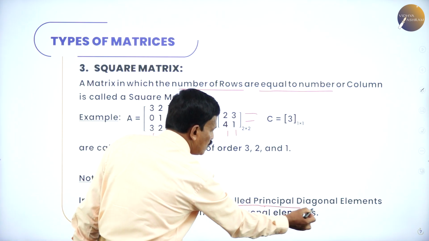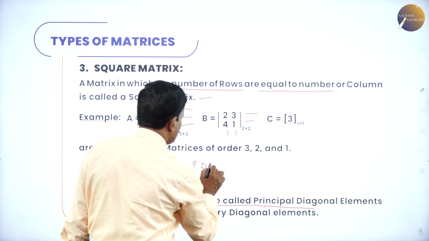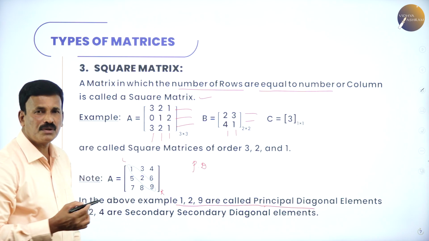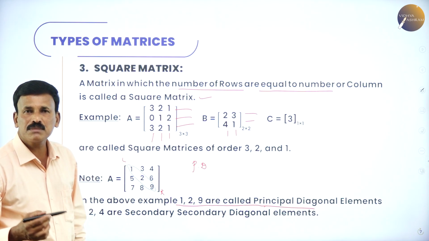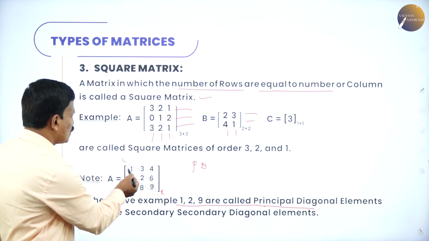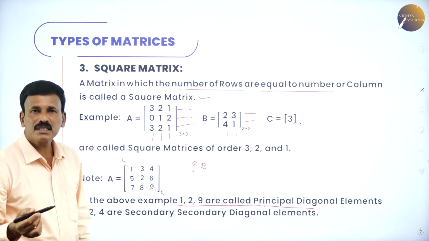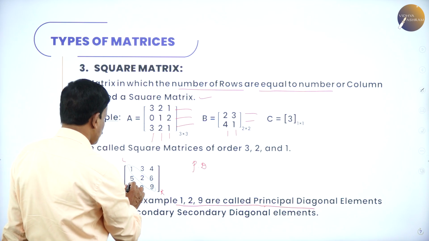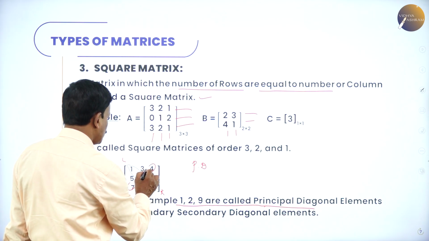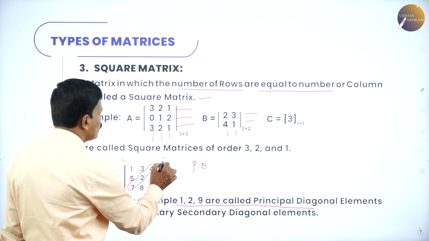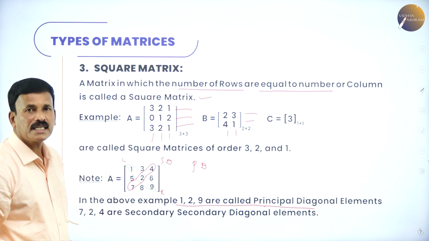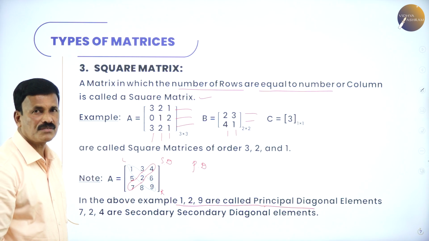Very important point. Whereas the elements from the right top corner to the left bottom corner, 7, 2, 4, are called the secondary diagonal elements of a matrix.